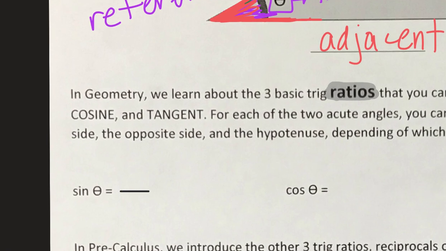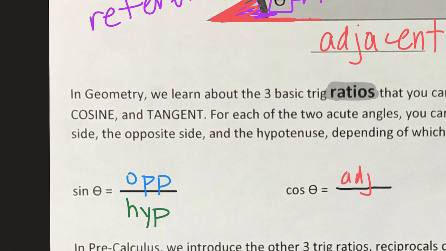And those are which two sides? Do you remember from geometry? The opposite side compared to the hypotenuse. Sine is opposite over hypotenuse. The sine of an angle is the ratio of the opposite side length to the hypotenuse length. The cosine is a ratio of the adjacent side length to the hypotenuse side length.